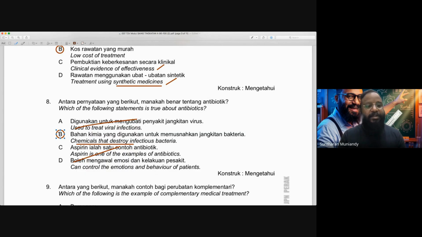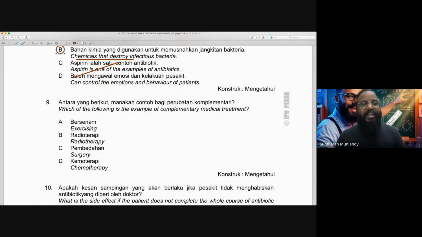Got it? Number 9, which of the following is the example of complementary medical treatment? When you talk about complementary, exercising is complementary, which involves physiotherapy.